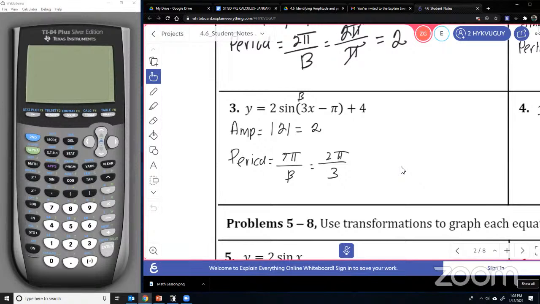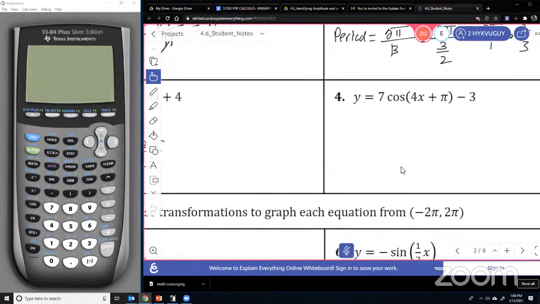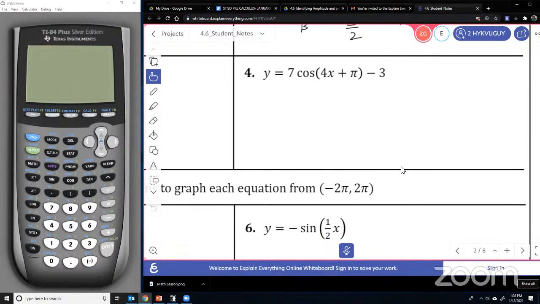And remember number 4, we did this last time. The amplitude is the absolute value of 7. So that's 7. The period is 2 pi over b. In this case, b is 4. So the period is pi over 2. And that's where we stopped last time.